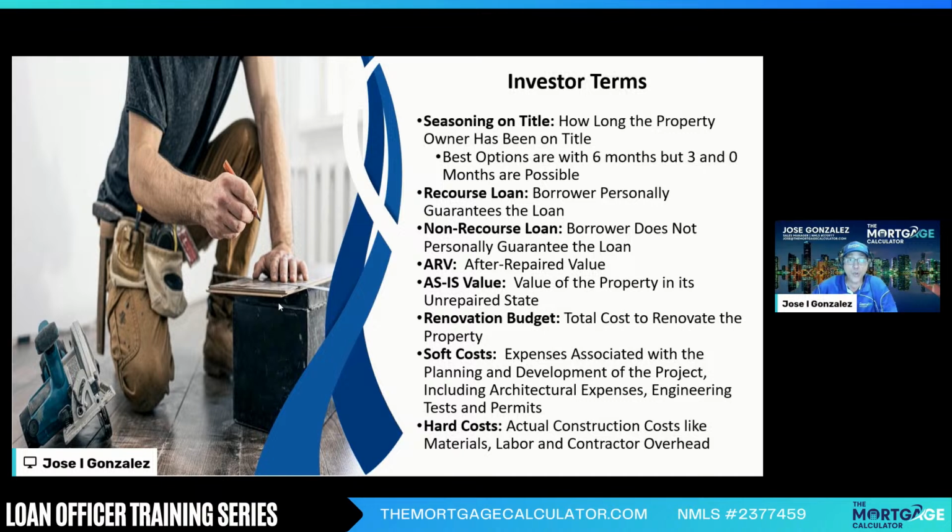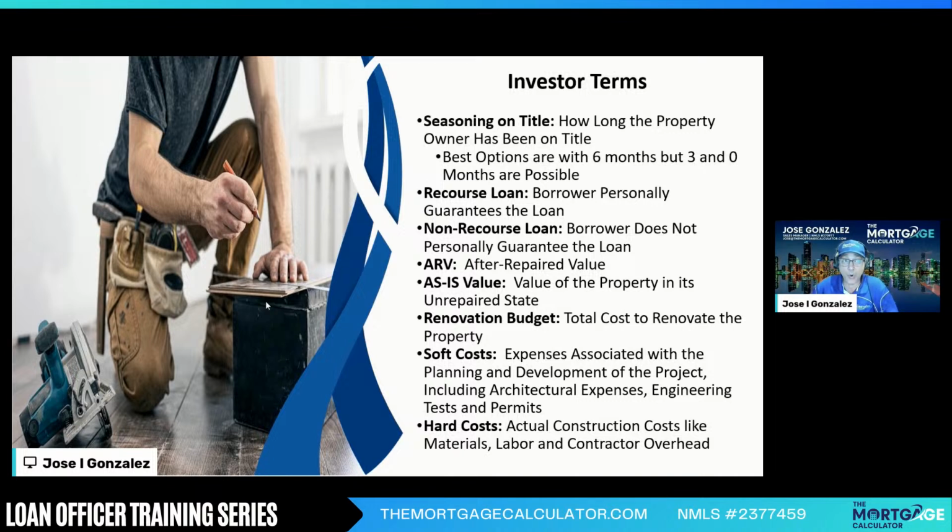Non recourse loan, now conversely, means that the borrower does not personally guarantee the loan. Now, I will state that all of these fixed flip loans are recourse loans, but do not appear on the borrower's personal credit report. So it's half and half of what investors normally want.